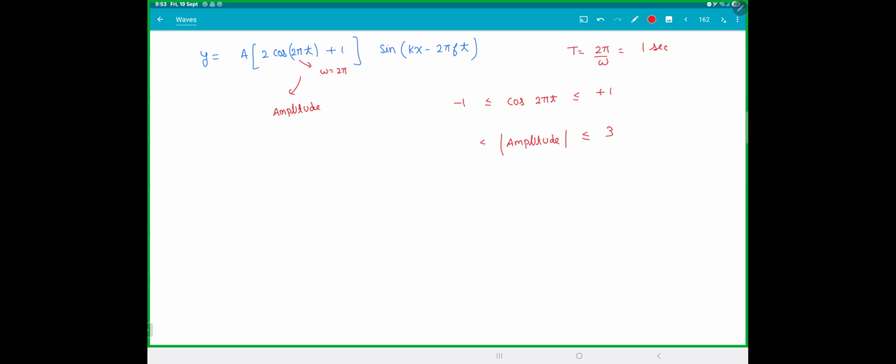When it is -1, it will go to 1. So if you try to draw the waveform, it would increase, it would decrease, in half cycle, in another half cycle, it would go to 3a and then this is how it looks.